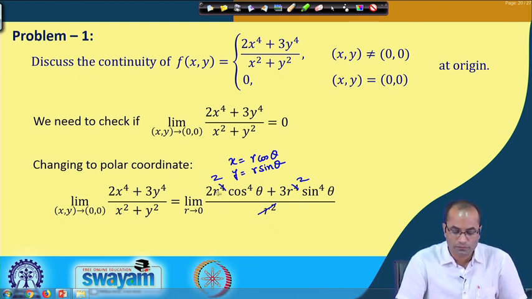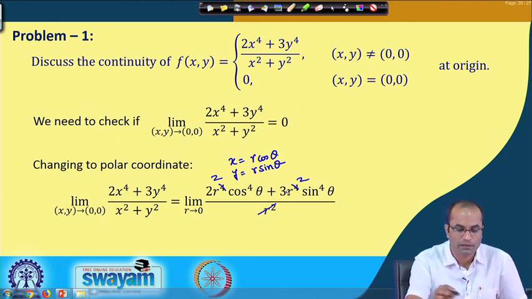2, or rather r square if we take common. So we have here cos^4 theta plus sin^4 theta times r square.